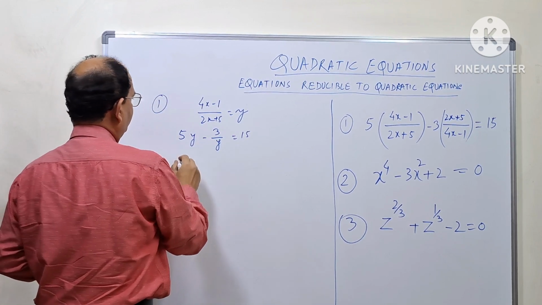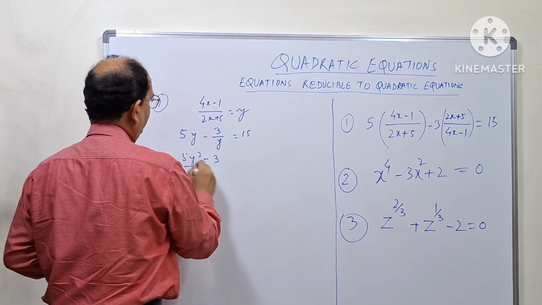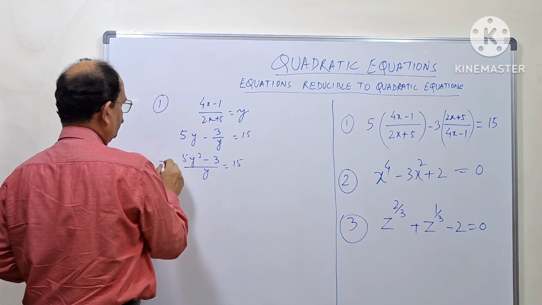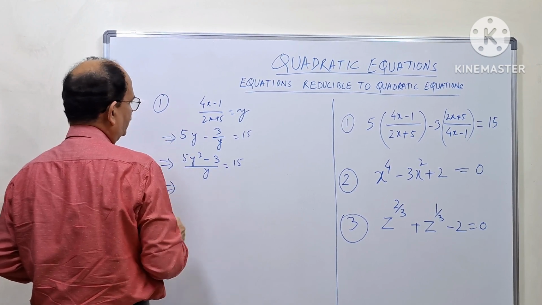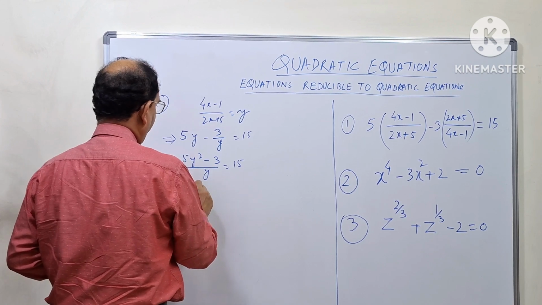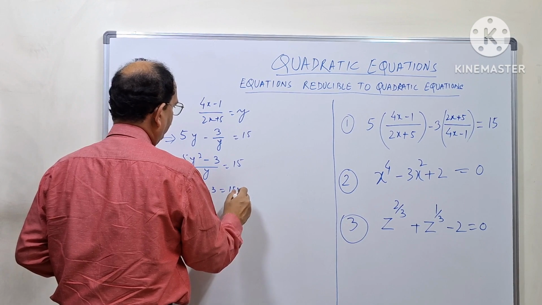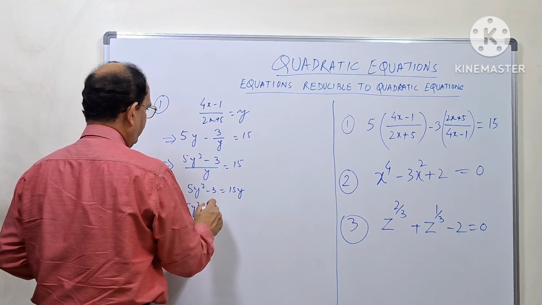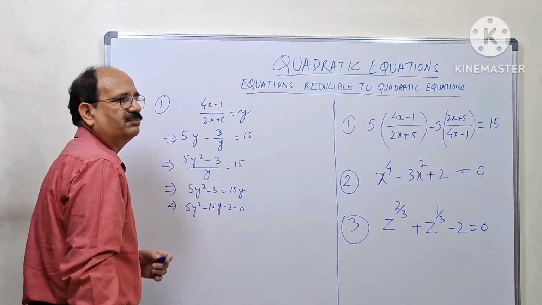If you extend this, you will get (5y square minus 3) upon y is equal to 15, which then transforms to 5y square minus 3 is equal to 15y, or you can write 5y square minus 15y minus 3 is equal to 0.